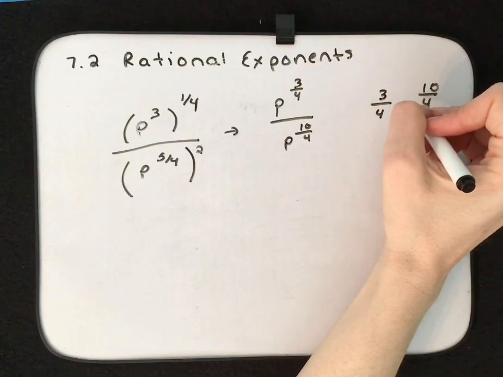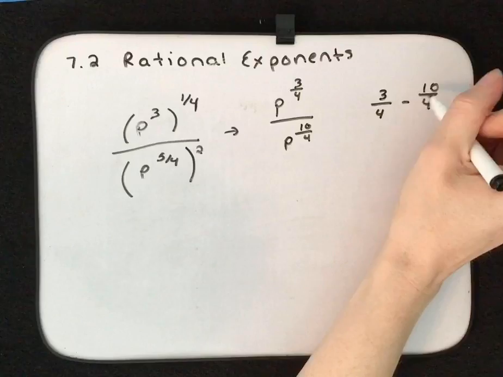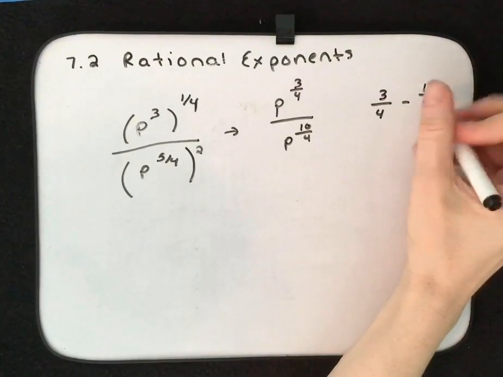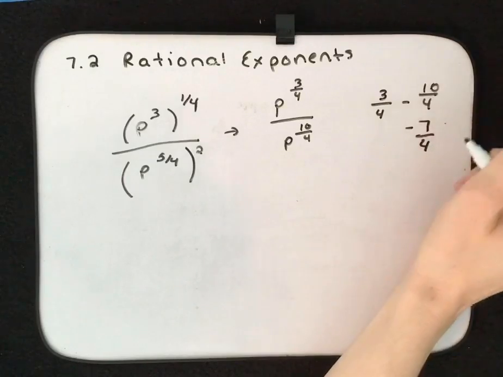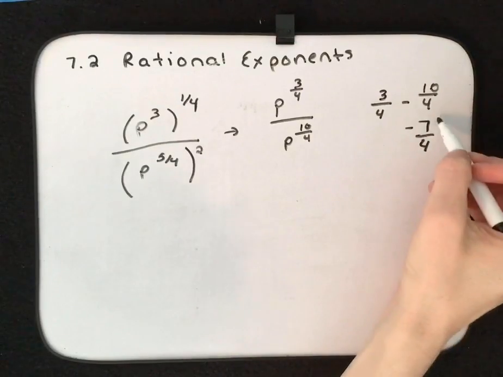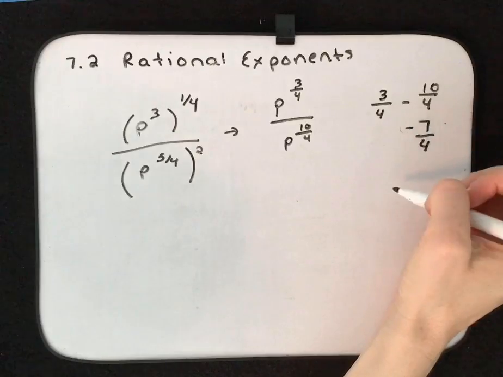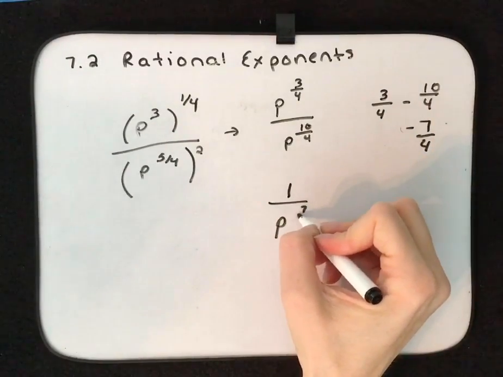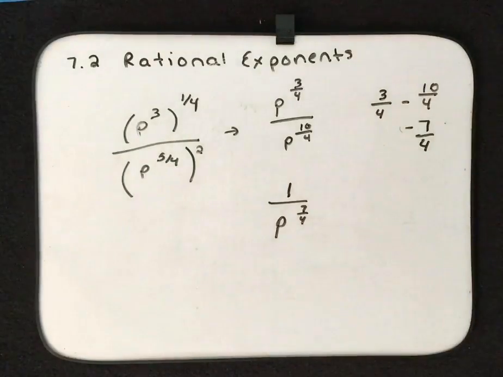Now we have 3/4 minus 10/4. This is going to give us negative 7/4. We have the negative, so it's left in the denominator. So this looks like 1 over p to the 7/4.